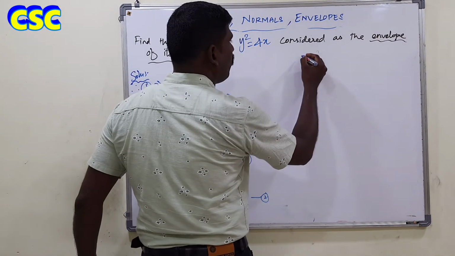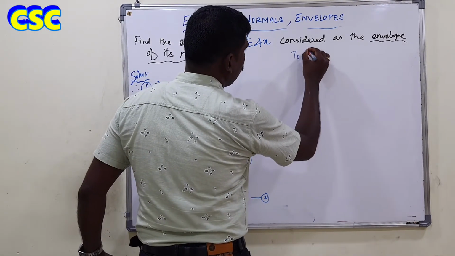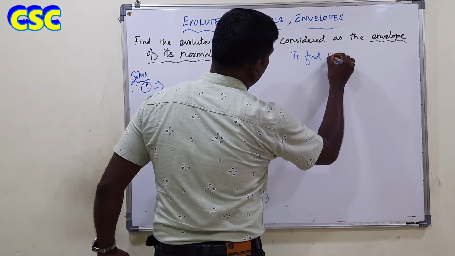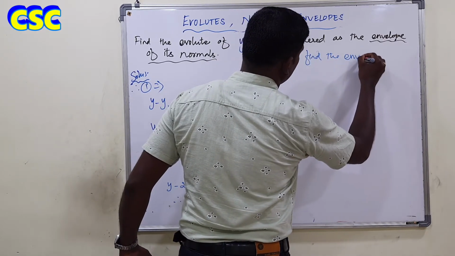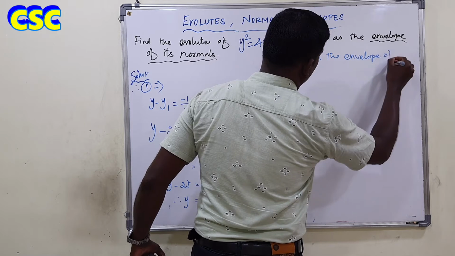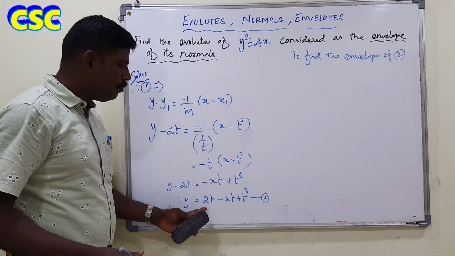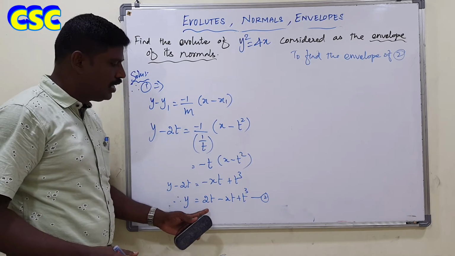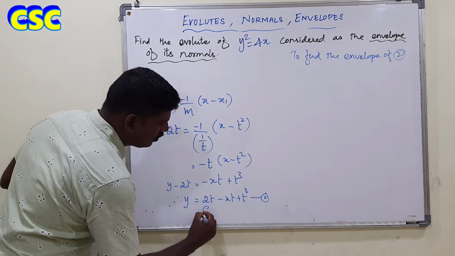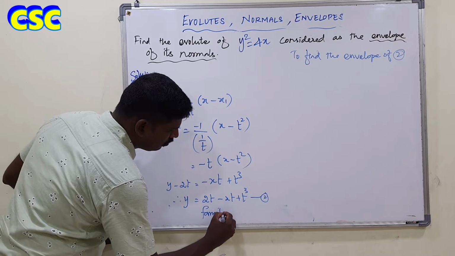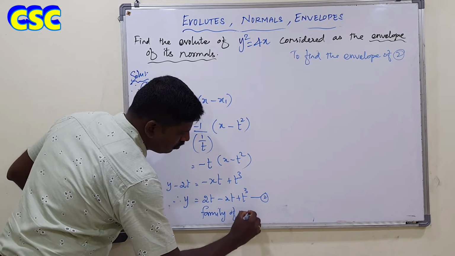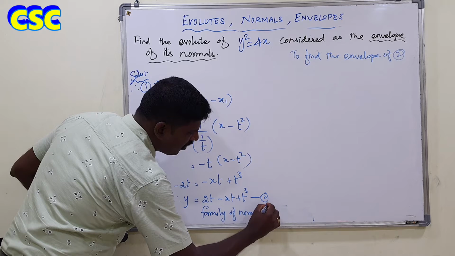Now I am going to find the envelope of 2. Why? Because this is the family of normals, a family of curves.